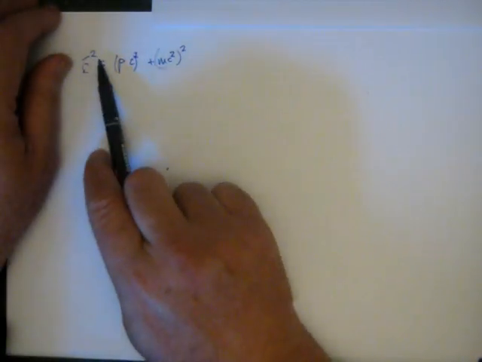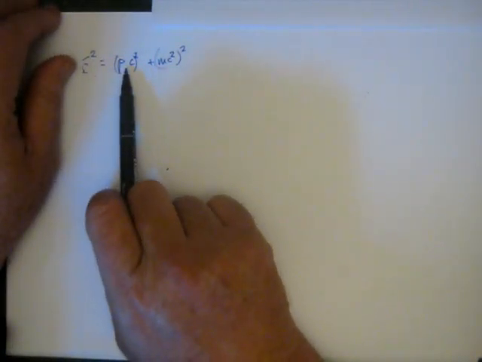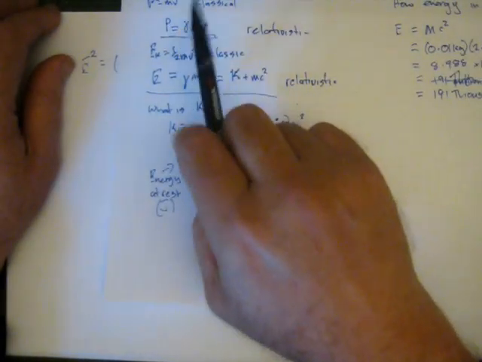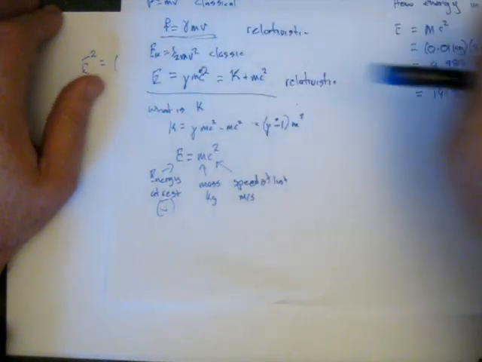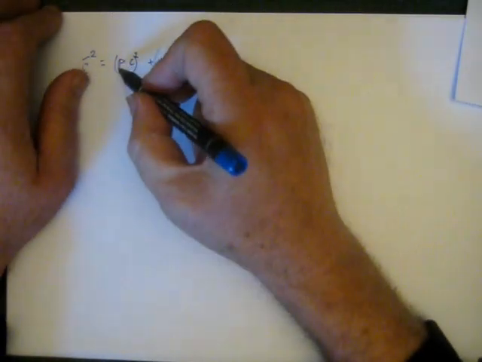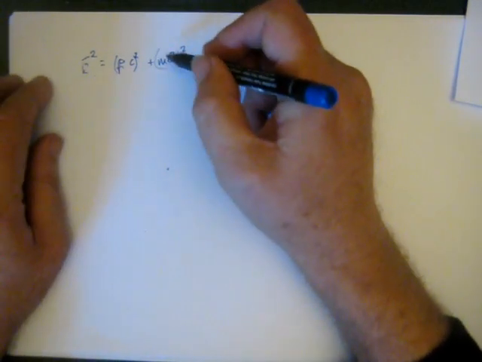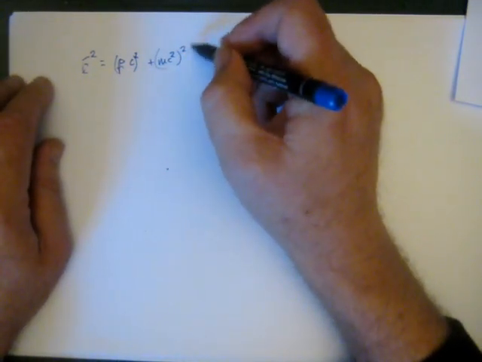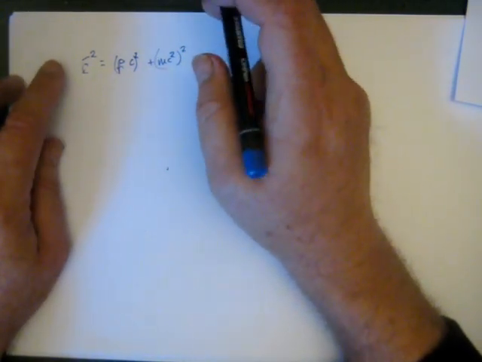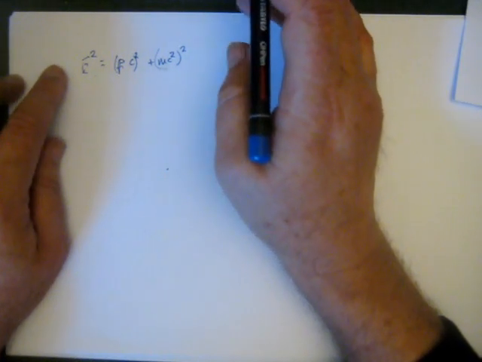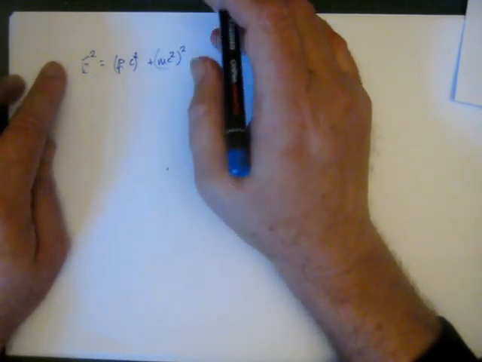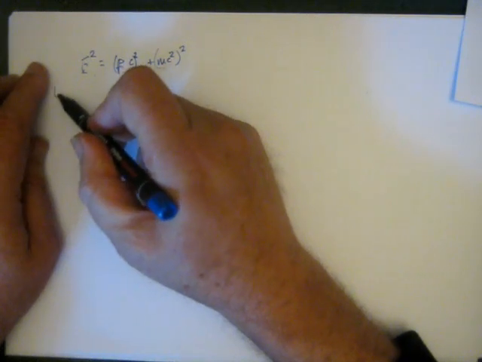You basically take the momentum, which we worked out there. I should put a little twiddle under that, so it's momentum. And then we had the mass times c squared, so we add the rest energy as the matter. So, but what happens now? What happens if that particle has no mass?